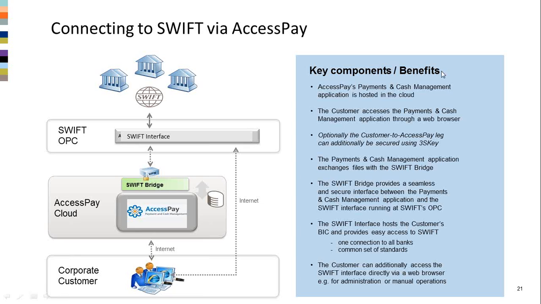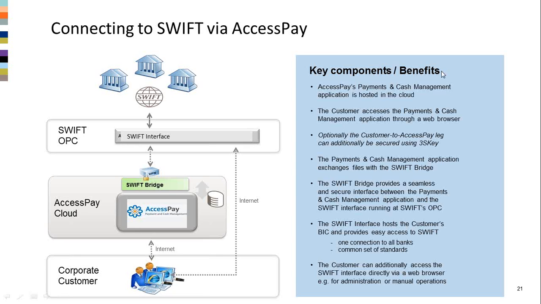And then as a result of routing rules that we would have set up at configuration and setup time, we can deliver all of that data seamlessly and securely across the Swift bridge into the AccessPay system, where the data can then be presented to the corporate, viewing it within his web browser in a consolidated and holistic fashion.